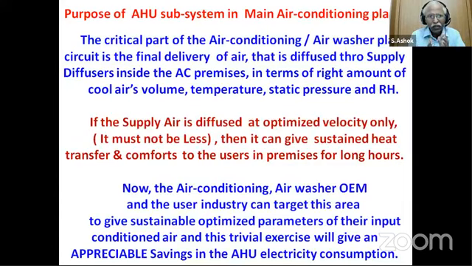If this static pressure is maintained correctly, the supply air is diffused correctly at the optimum velocity, and the return air will be smooth and healthy, with sustained heat transfer and comfort to the users in the premises for the long hours of AC working. So I am concentrating on the final delivery of the AHU to the air conditioning premises.